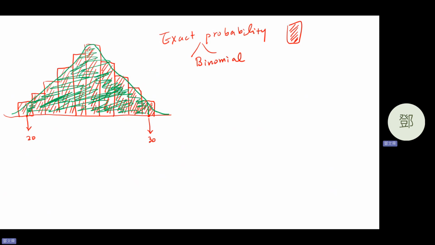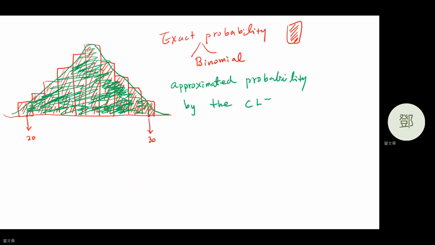Is it like a Christmas tree? And this is the area approximated by the central limit theorem, and this is it.